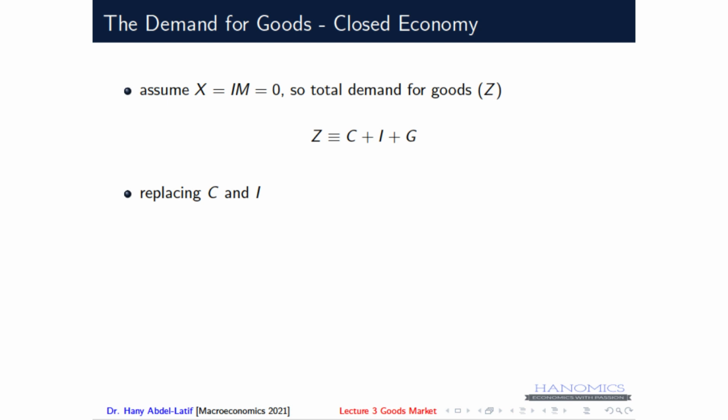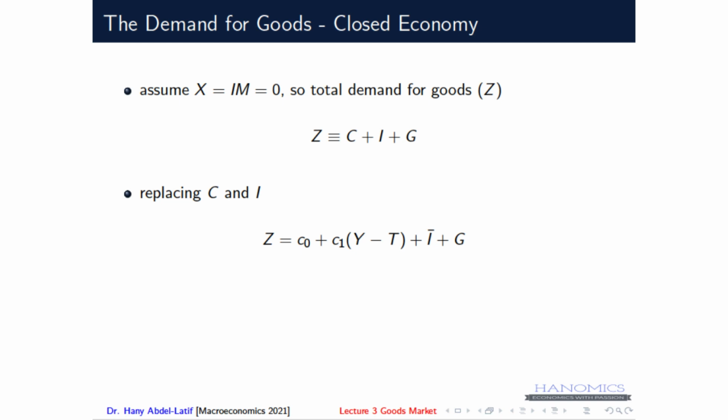Obviously we assumed I to be exogenous, so we mainly replace C with the linear form of our consumption function. So here's the consumption function. We already know it's a linear function, or that's what we assumed. And this part now is the consumption. Adding to this investment, which we again assume to be exogenous, plus G, which again we assume to be exogenous as well.